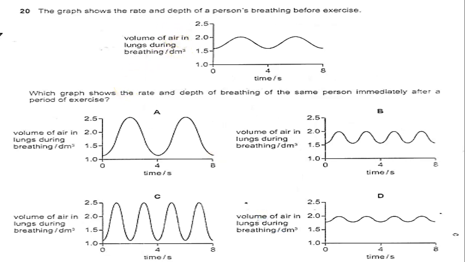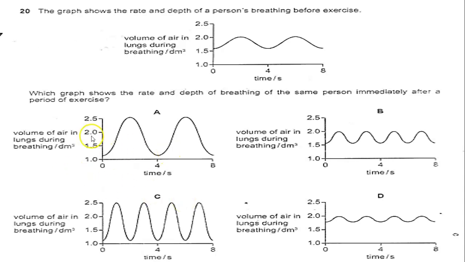The graph shows the rate and the depth of a person's breathing before exercise. So this is how the rate and the depth of this person's breathing was before the exercise. Which graph shows the rate and the depth of breathing of the same person immediately after a period of exercise? We said that exercise increases the rate and the depth of the person's breathing.